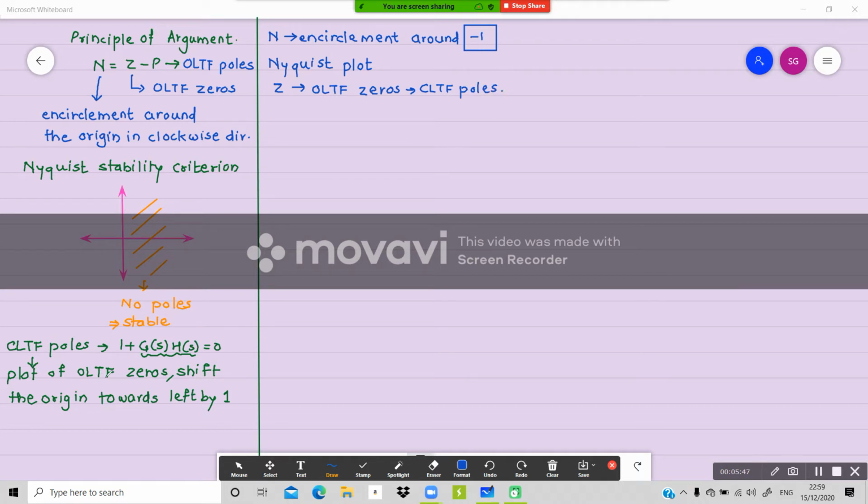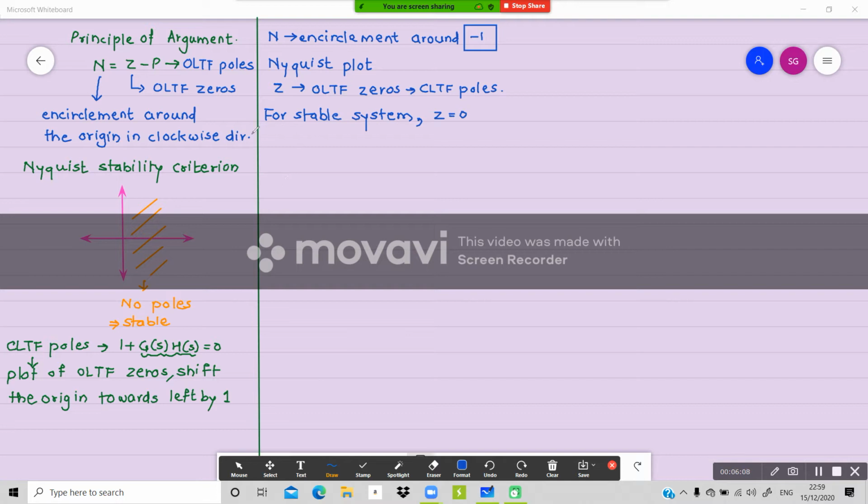Correct? Because you can see this statement: OLTF zeros means CLTF poles. So if you want a stable system, I'll write for stable system, you want Z to be equal to 0.